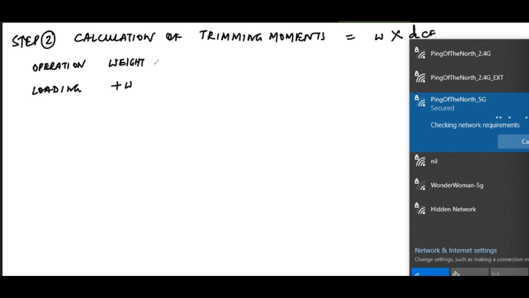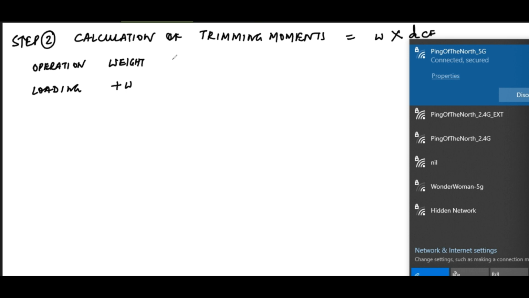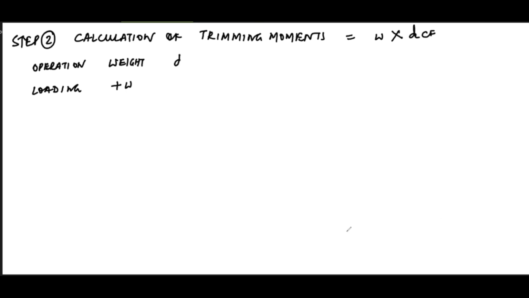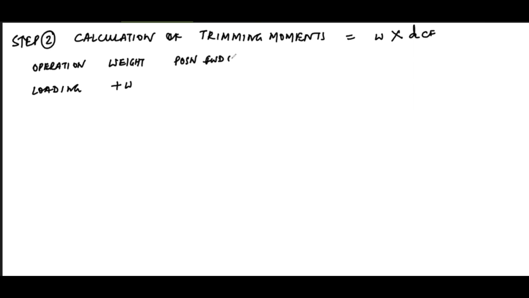Okay. Now, if we took the weight as plus W, then we have DCF, that is the position forward of center of rotation. So the value of DCF will be forward, minus DCF.